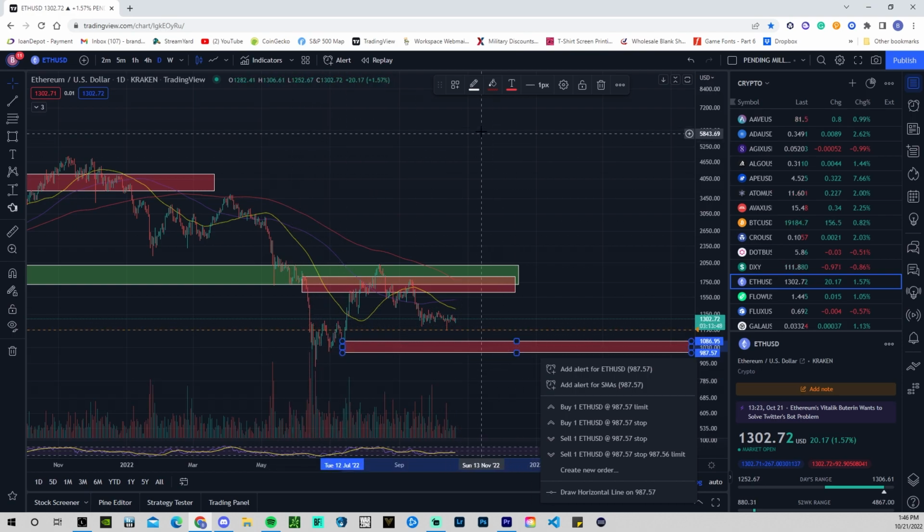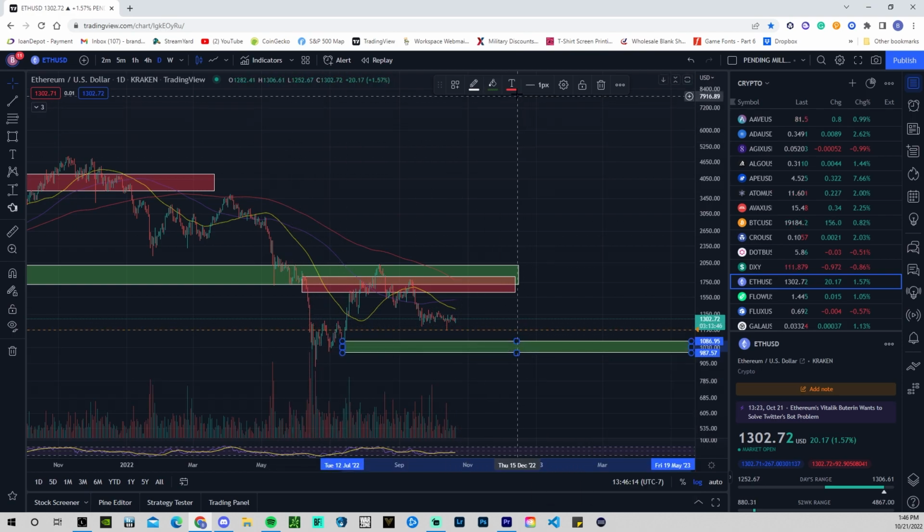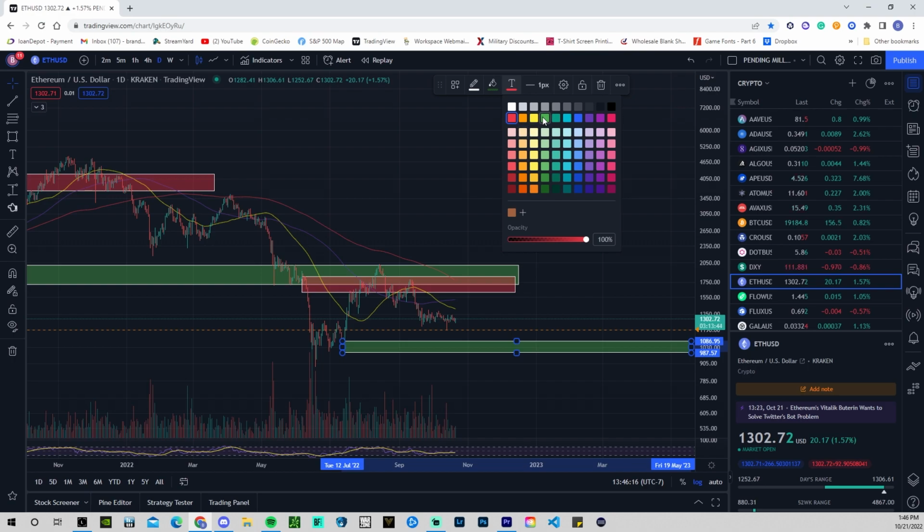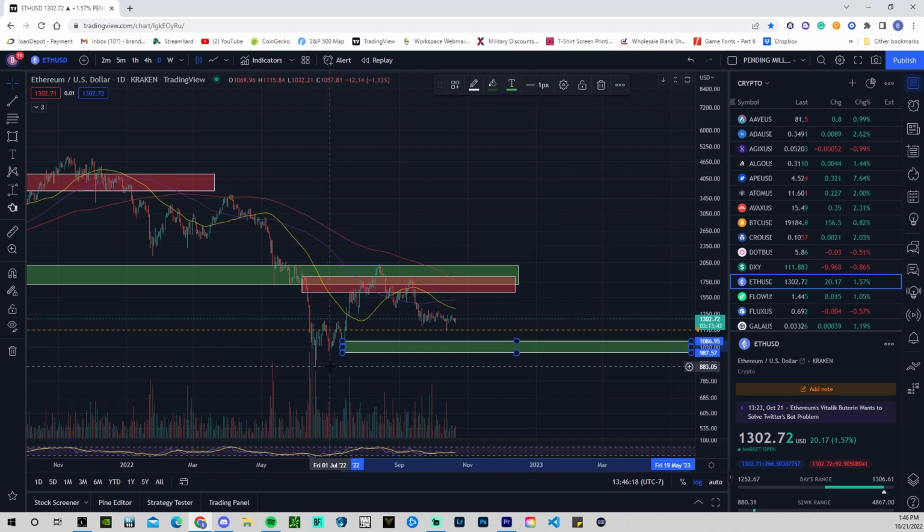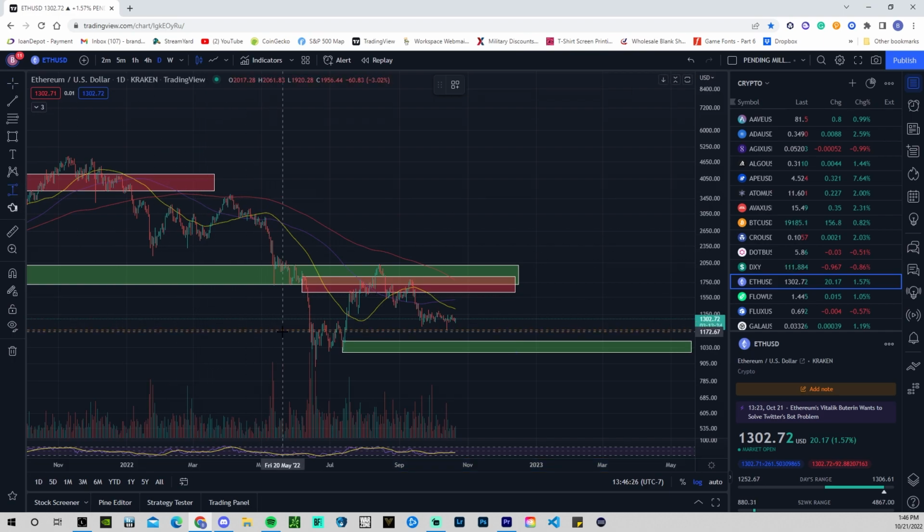But for the daily, we're going to map out that. So I'd have this demand zone here between $900 ETH and $1,000 ETH. From there, we had a nice size run up too. If I top this off, 100% run. So if you put $1,000 in, you made $1,000.